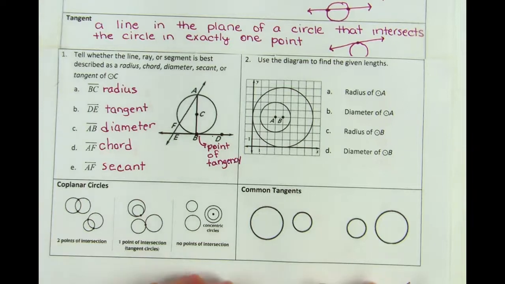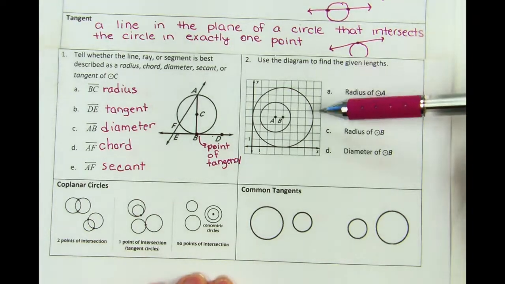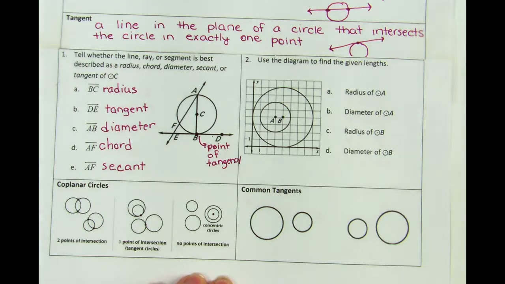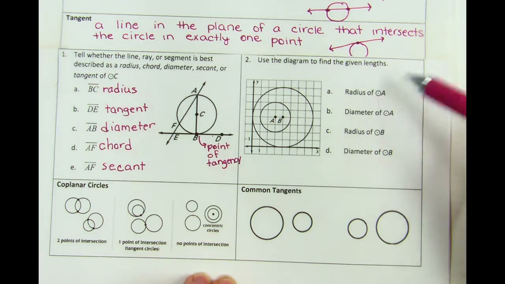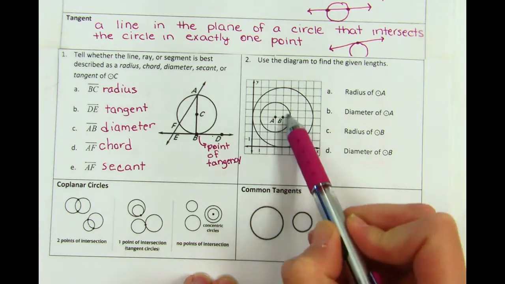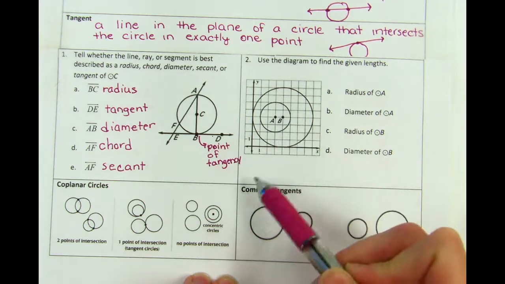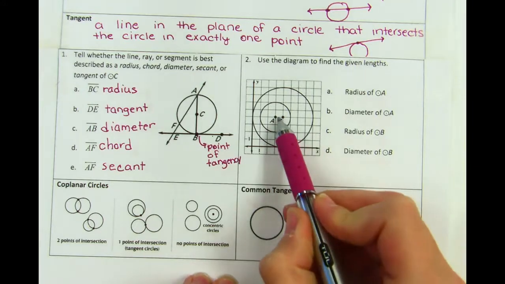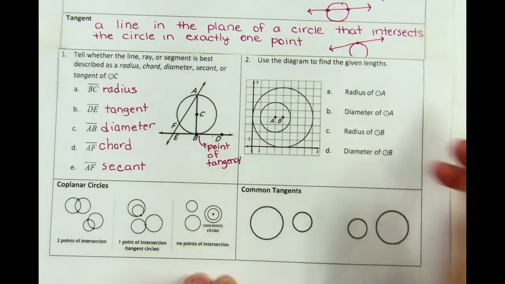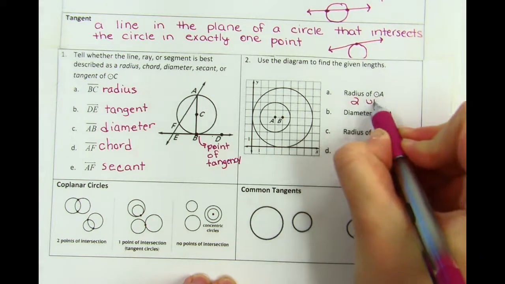Okay. So over here in number 2, we've got a coordinate. So these are pretty easy, but we've done a lot of stuff with coordinates so far. The only difficult part of this is being sure you know which circle it's talking about. So the radius of circle A is the circle with a center at A. So the circle with a center at A is the small circle. The big circle has its center at B. So the radius of circle A would be 2 units.